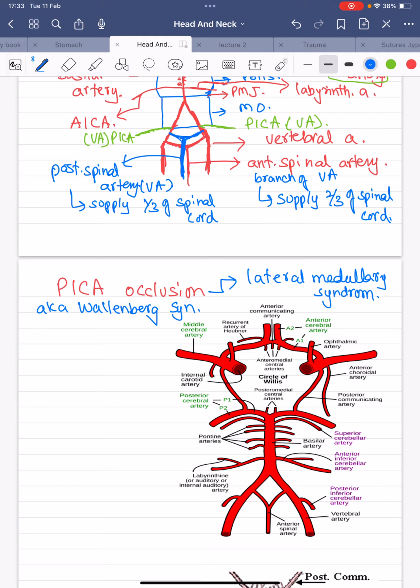But please remember, Wallenberg syndrome most commonly is due to vertebral artery occlusion.